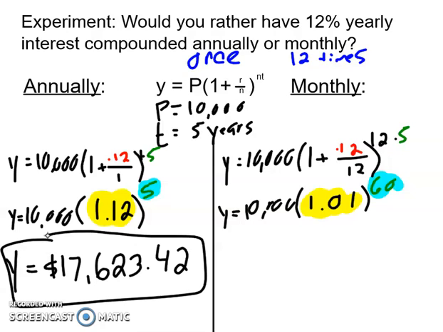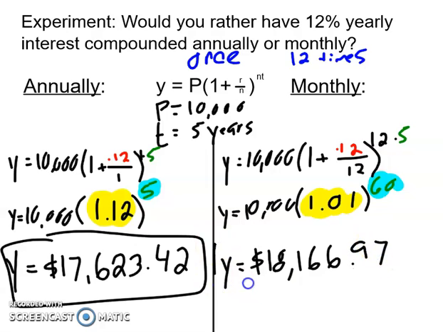Okay, let's look at monthly. Let's try it again. 10,000, parenthesis, 1.01, caret 60. What do we get? We get 18,166.97.